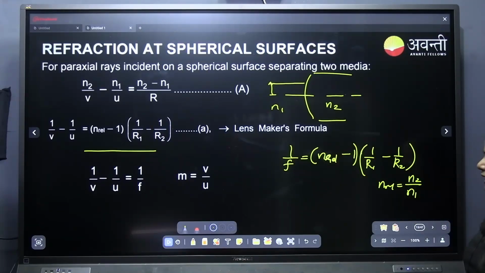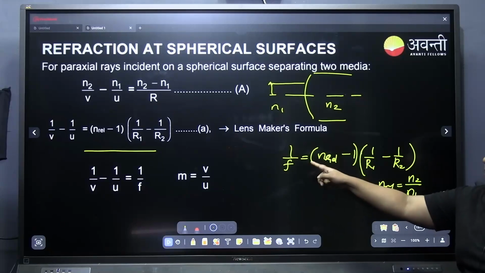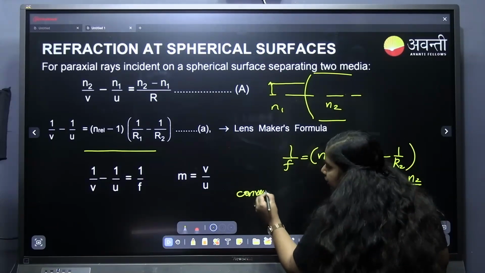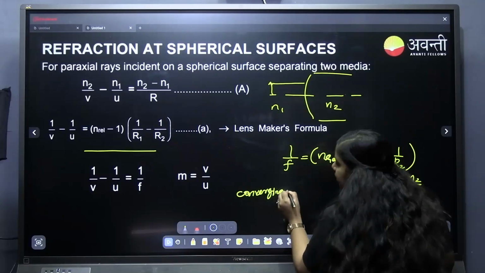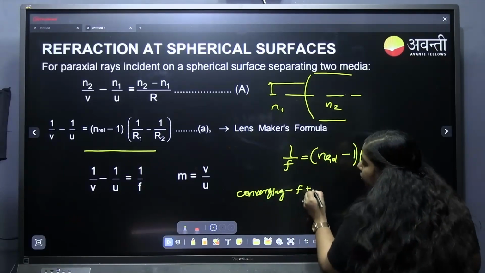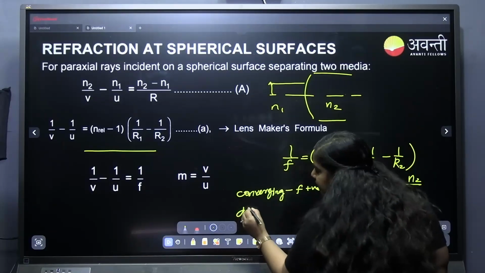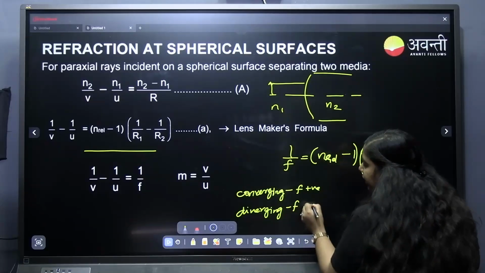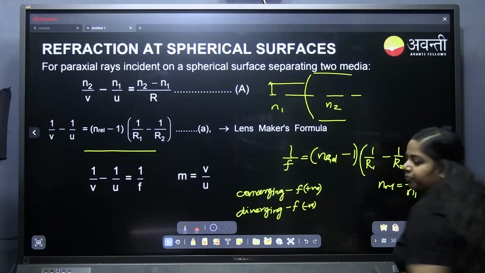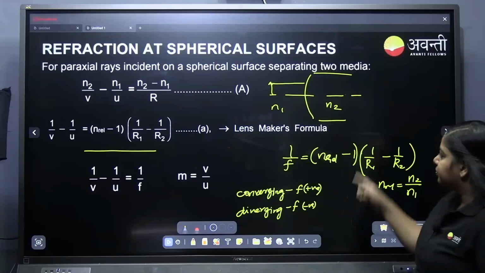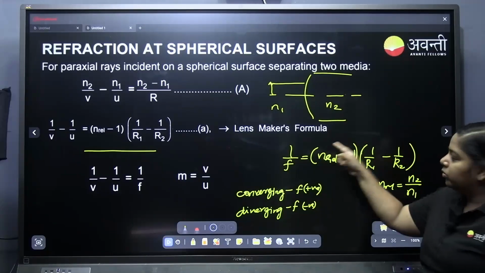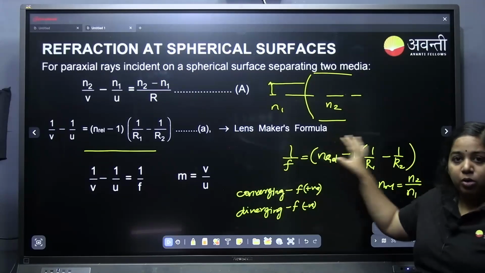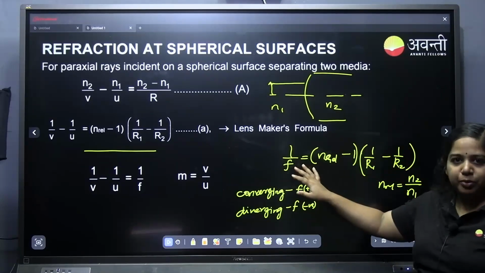Now you can see, for a converging lens F should be positive and for a diverging lens F should be negative. Which means, if both quantities are positive, F will be positive; if both are negative, F will be positive.